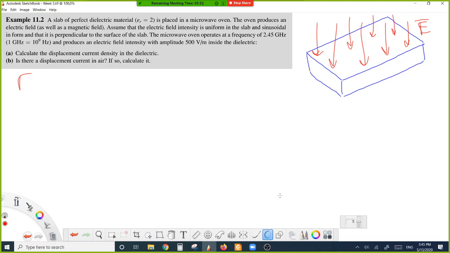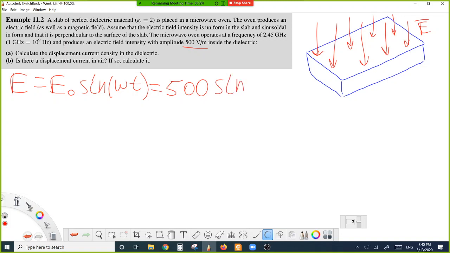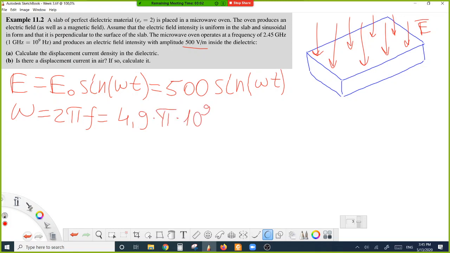The electric field intensity E is equal to E0 multiplied by sine omega t, where E0 is 500 volt per meter, and omega is 2 pi f, which is equal to 4.9 pi 10 to the 9 radians per second.